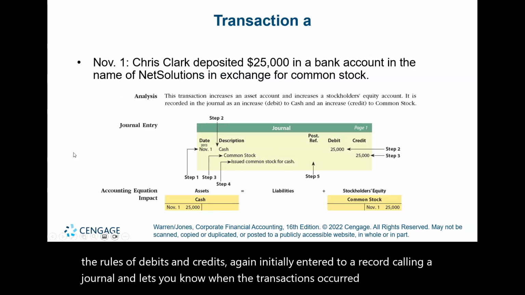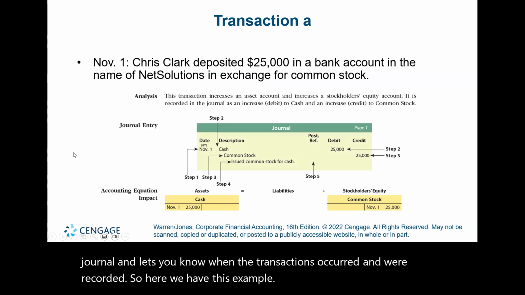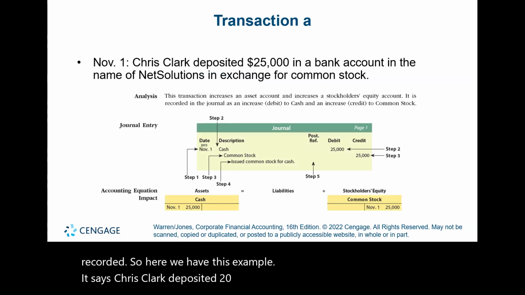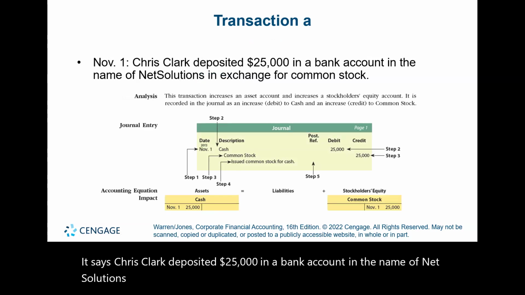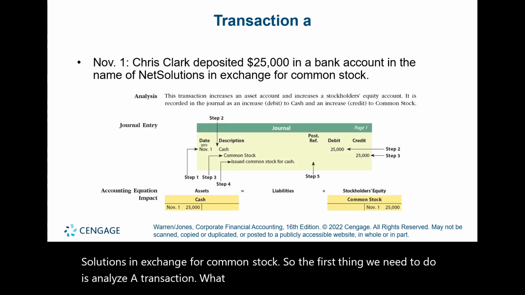So here we have this example. It says Chris Clark deposited $25,000 in a bank account in the name of Net Solutions in exchange for common stock. The first thing we need to do is analyze the transaction. What is happening? What is taking place?